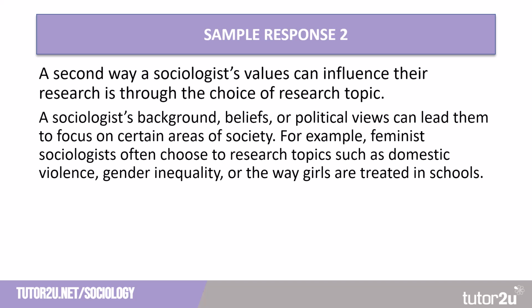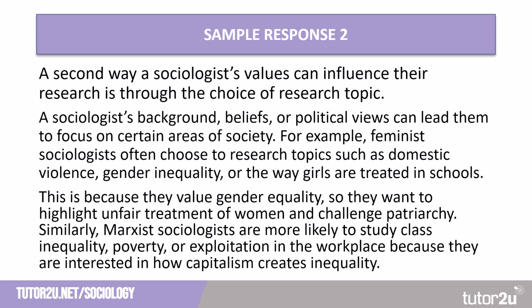So I'm giving examples of feminist research here. This is because they value gender equality, so they want to highlight unfair treatment of women and challenge patriarchy. Similarly, Marxist sociologists are more likely to study class inequality, poverty or exploitation in the workplace because they are interested in how capitalism creates inequality.